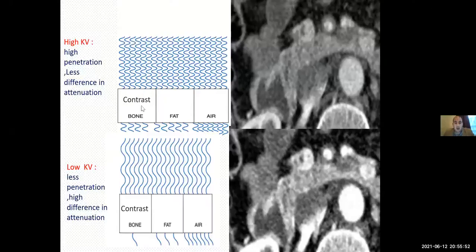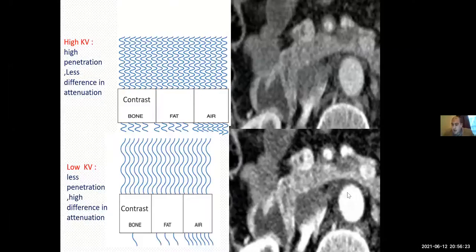Say you have different components here: bone, contrast, fat, air. Using a higher kV, the transmitted X-ray photons coming out from air, fat, and bone show no great difference between bone and fat or contrast and fat. But using low kV, you will find a great difference in the intensity of transmitted photons between contrast and fat. That's the reason why you will see here the aorta.